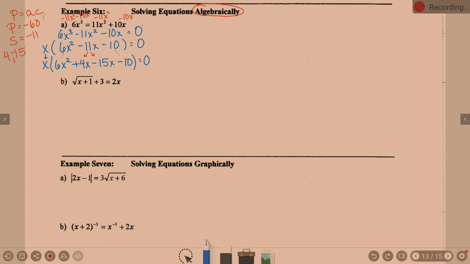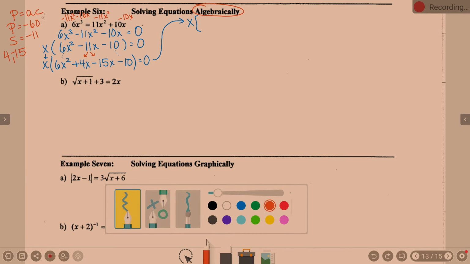Okay, I'm going to be moving over here. The x out front, carry it. And I'm going to put brackets here because we're going to get into a situation where we've got parentheses and brackets. How do we factor? We've got 1, 2, 3, 4 terms. Take 4 terms and split in the middle.